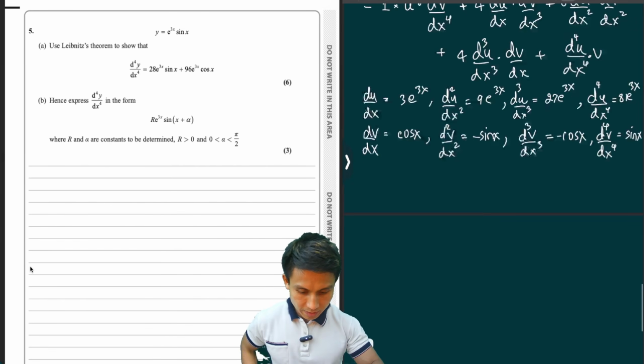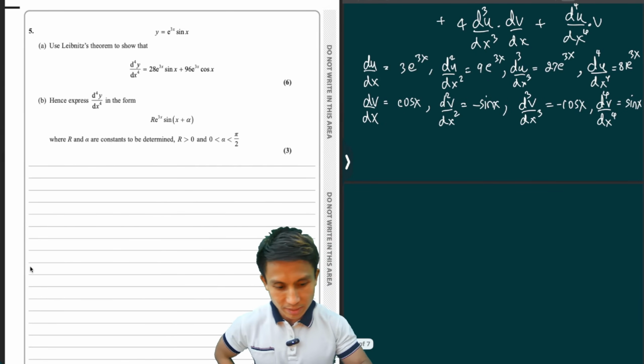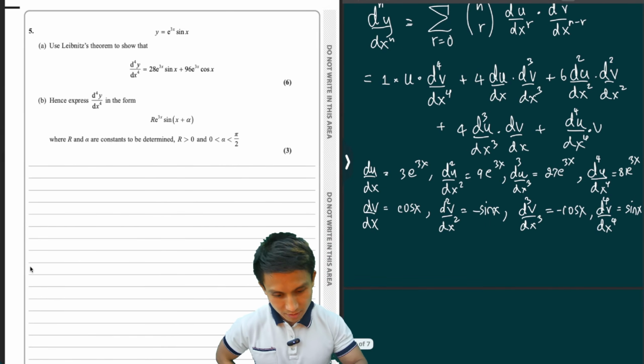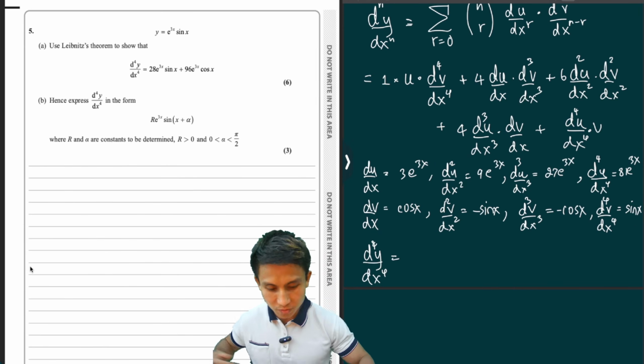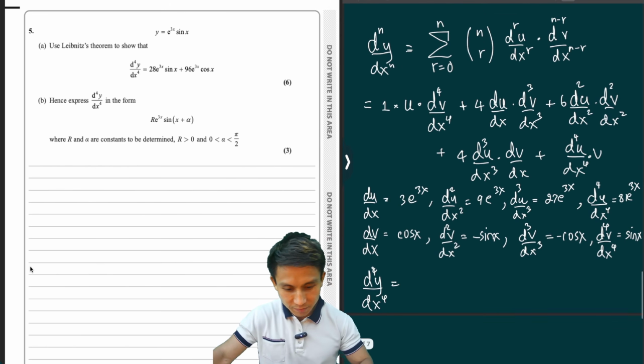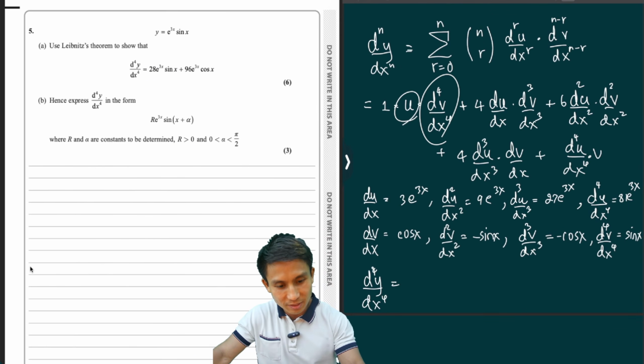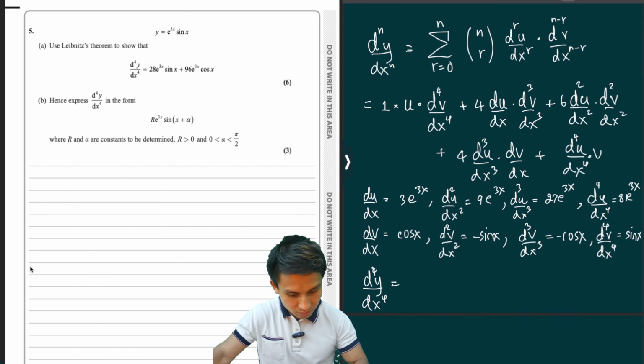Let's see what we get out of that whole thing. Here we find d to the 4y by dx to the 4 equals, right? The first term is u times d to the 4v by dx to the 4. So u is e to the 3x, and d to the 4v over dx to the 4 is sine x, okay?